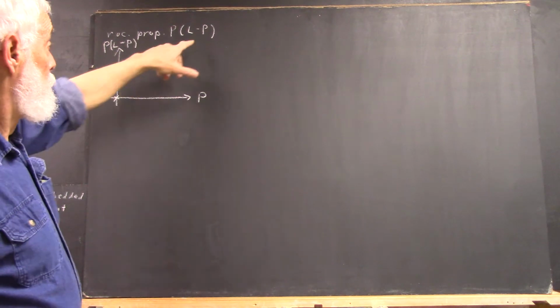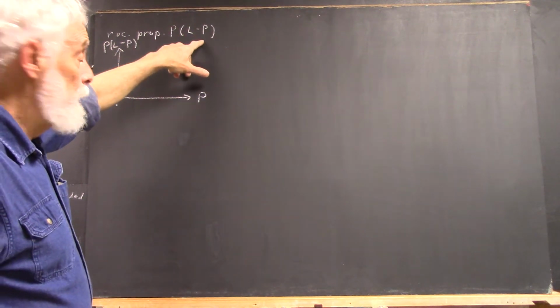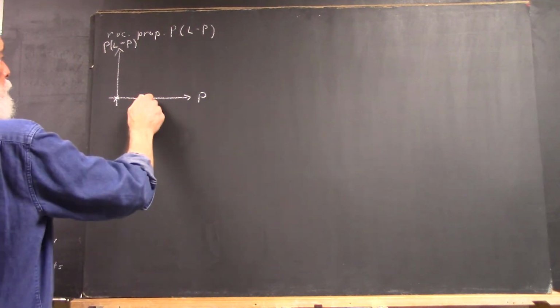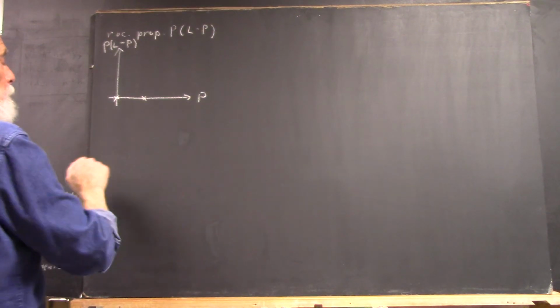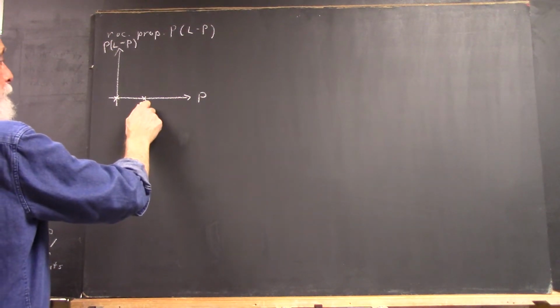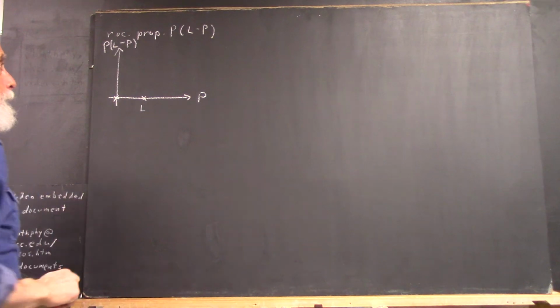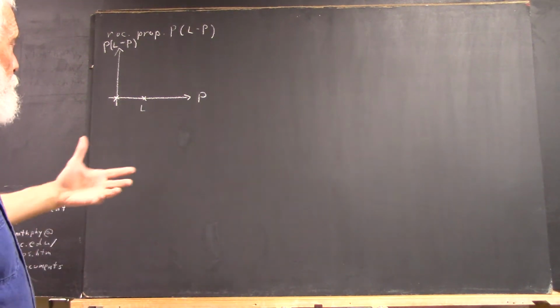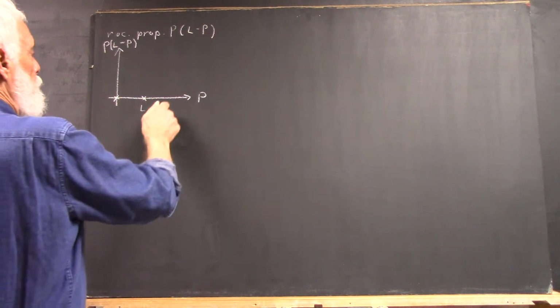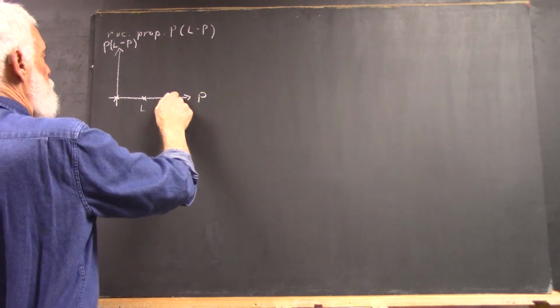And then clearly if p equals L, we're going to have a point here. So here p equals L. And then I think we asked to graph this from 0 to 2L.